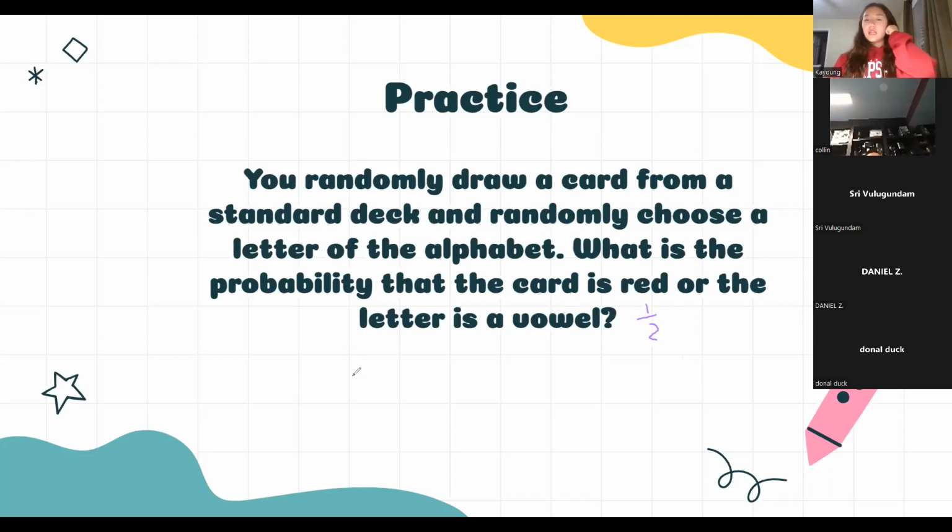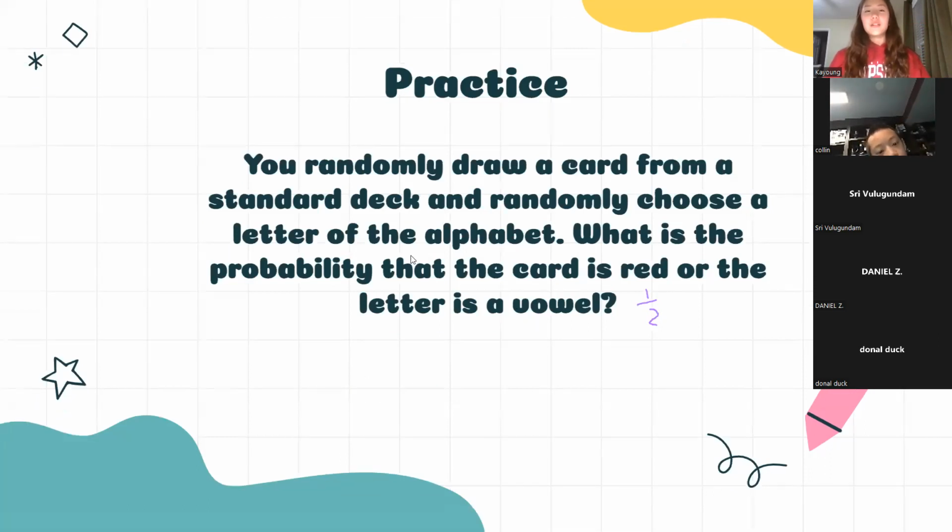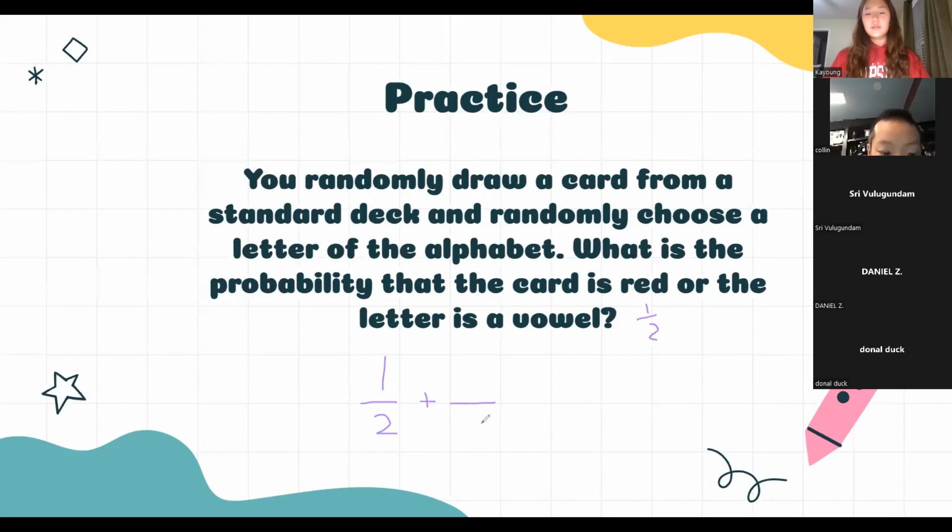So since it is or, remember that's or, so you add, okay? So you do 1/2 plus 5 over 26, which is like 18 over 26, right?